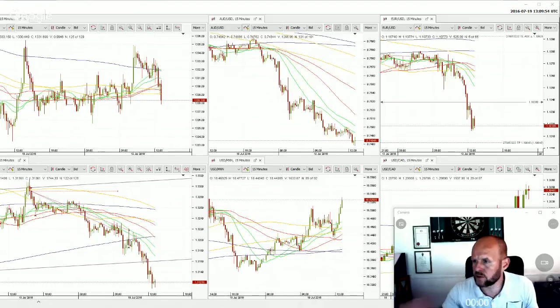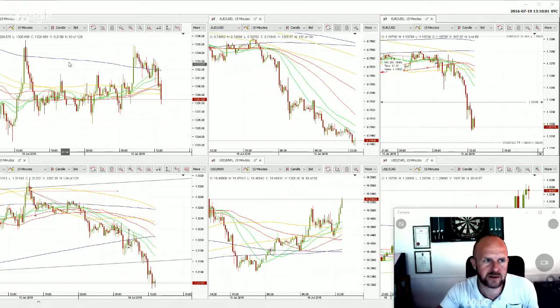I need to see the level where the price is at the moment. Where is it? Yes, here it is, 1328.